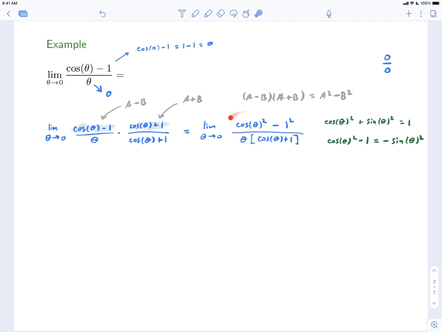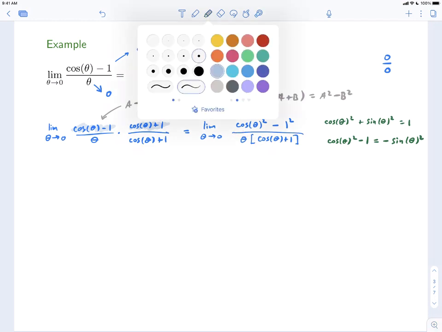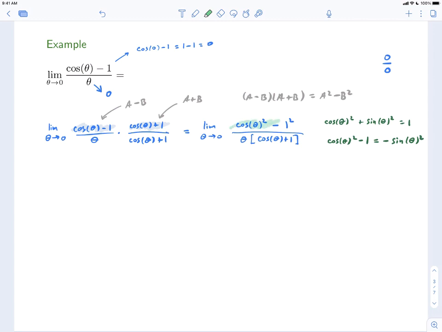Here we have in the numerator cosine theta squared minus 1. So we're just going to take this cosine theta squared minus 1 and replace it with minus sine of theta squared. So that means we have the limit as theta goes to 0 of the opposite of sine of theta quantity squared, divided by, again, we haven't done anything to the denominator, theta times cosine of theta plus 1.